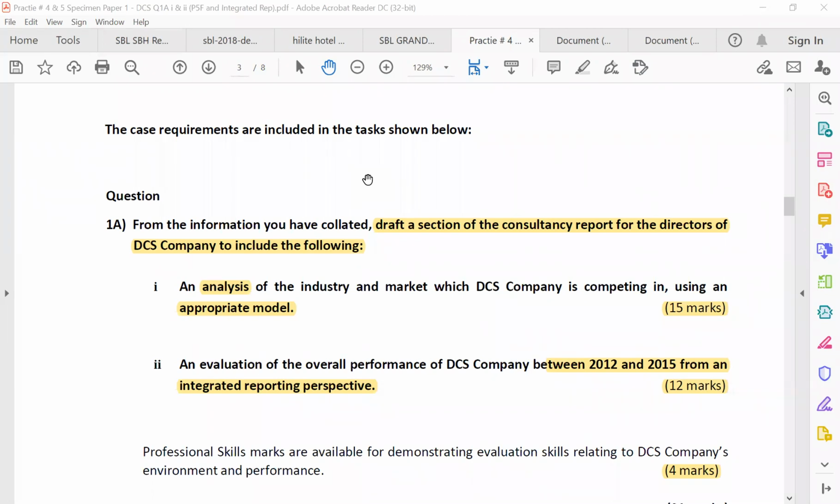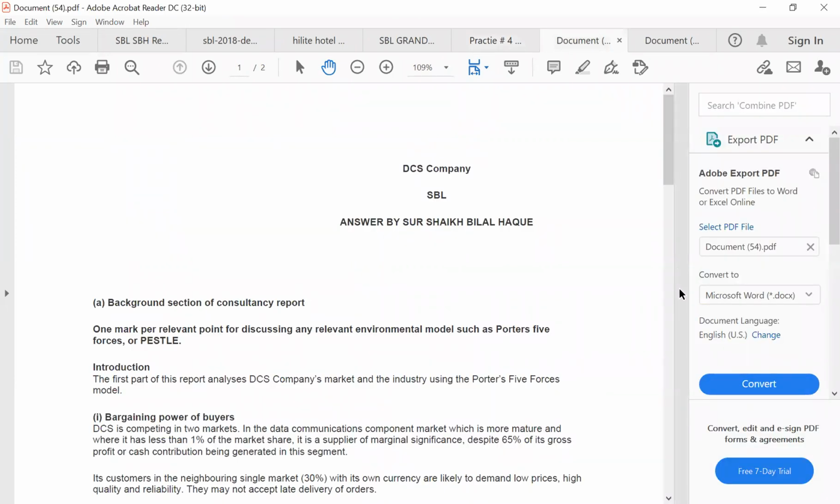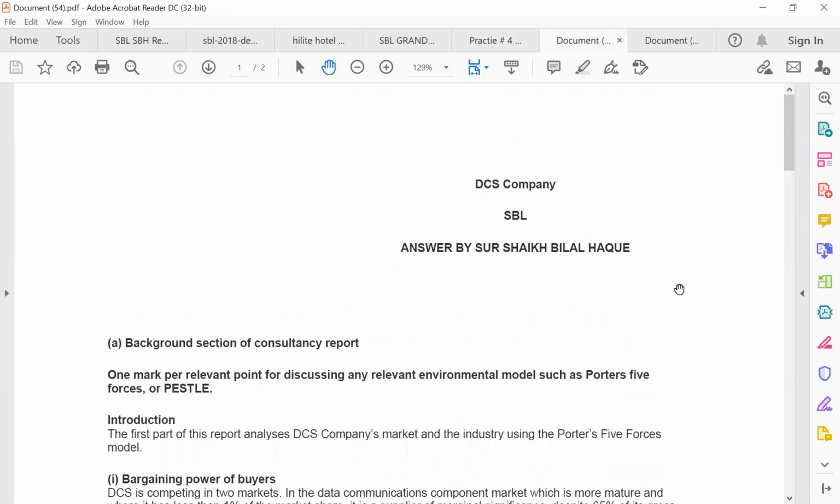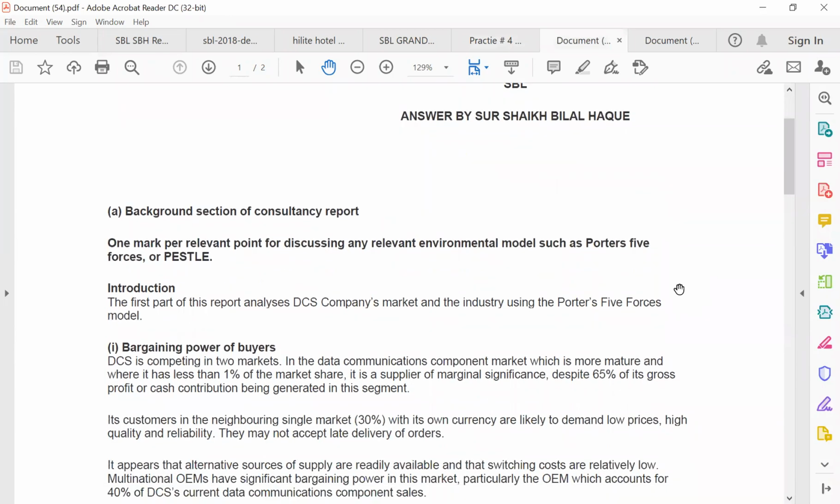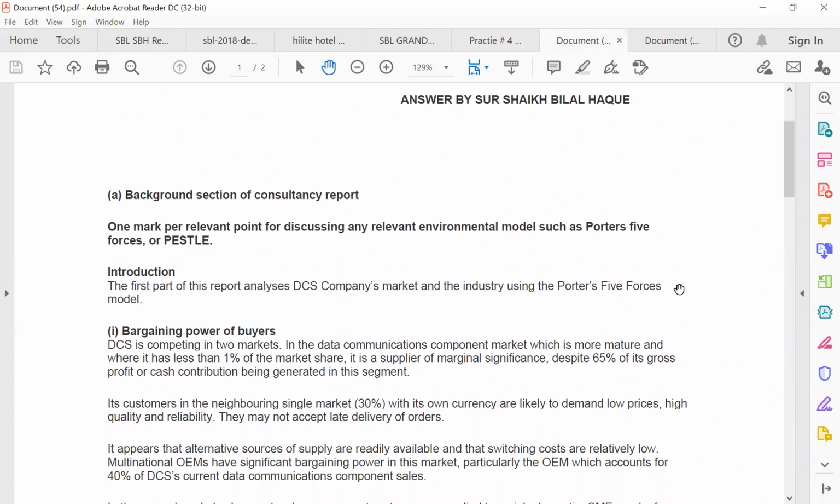Whenever I say analysis of industry and market, this means that I will be using either the PESTLE model or the Porter's Five Forces model. So I have made my answer over here and I'm revealing my answer. I've also identified certain things.